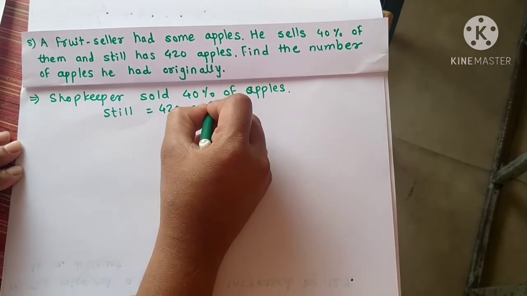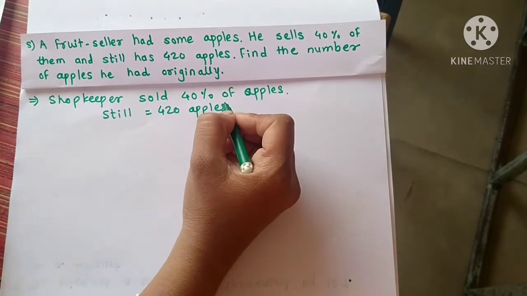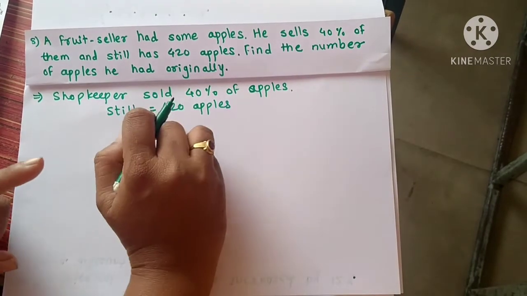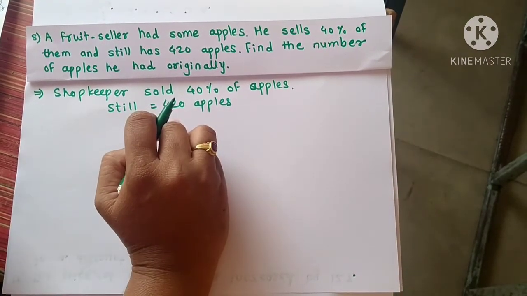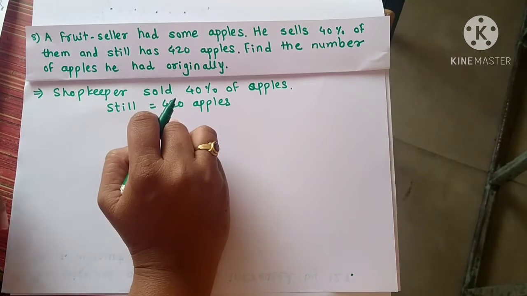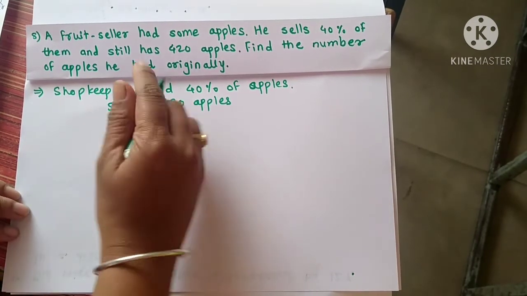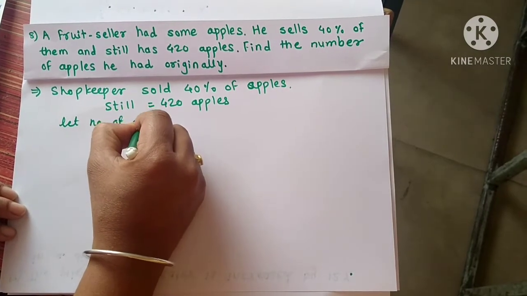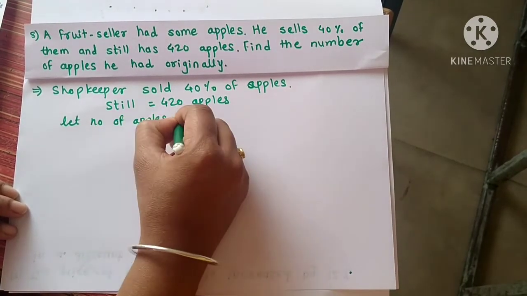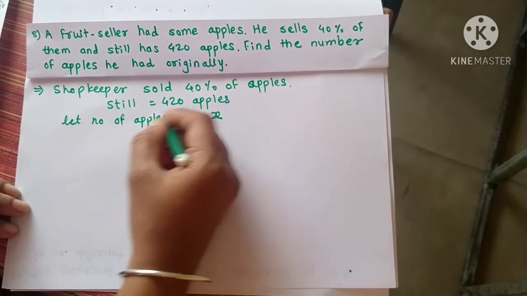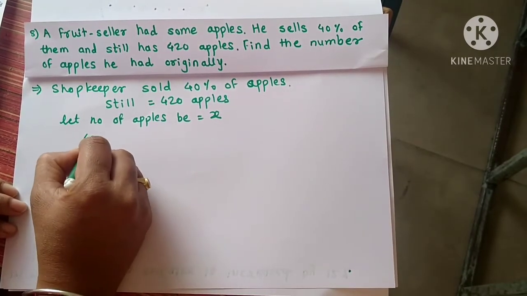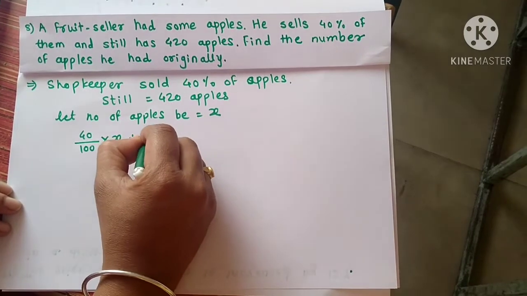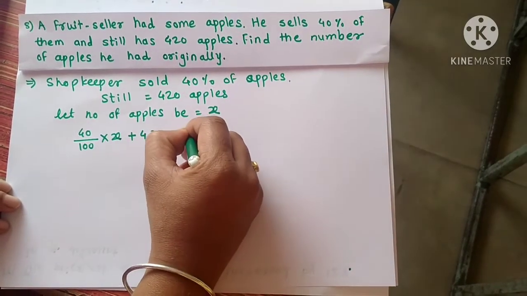420 apples means even after selling 40% of the apples, he is left with 420 apples. So we have to find out the total apples. So let the number of apples be x. So 40 upon 100 into total number of apples plus the 420 apples he still has is equal to x.